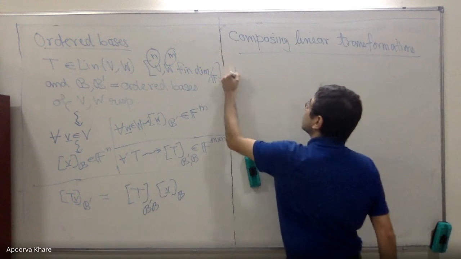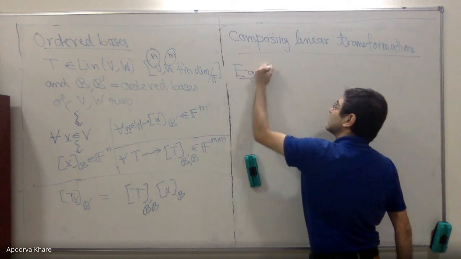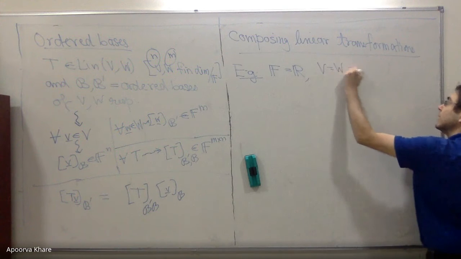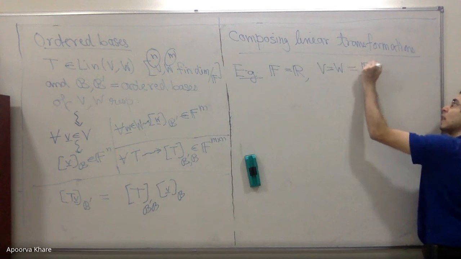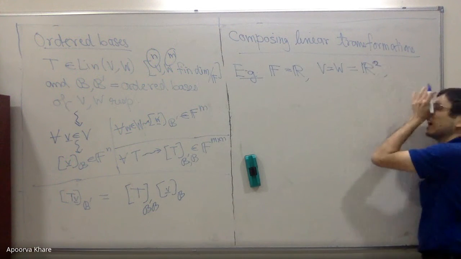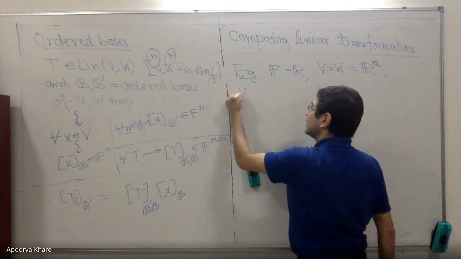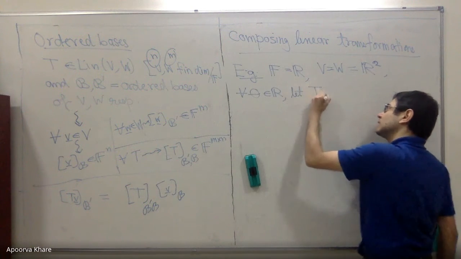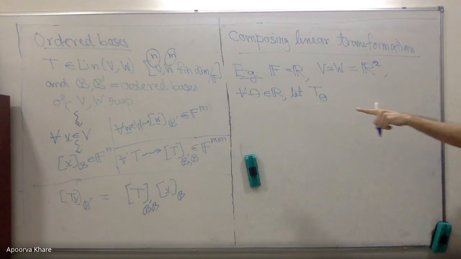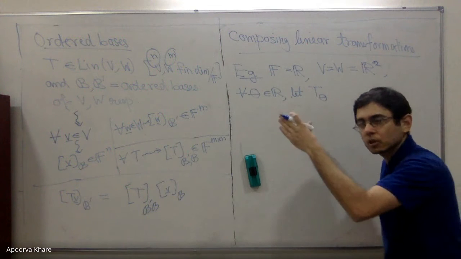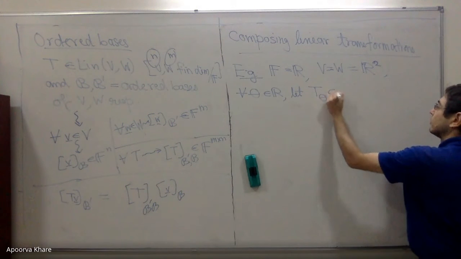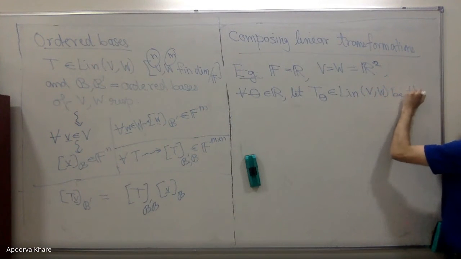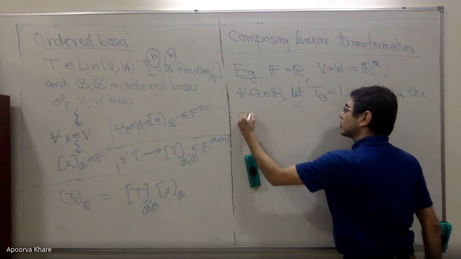Okay, so the example I want to do: let's say the field is the real numbers, and both vector spaces are the plane R^2. For all theta, let T_theta be the linear transformation which rotates counterclockwise by theta.